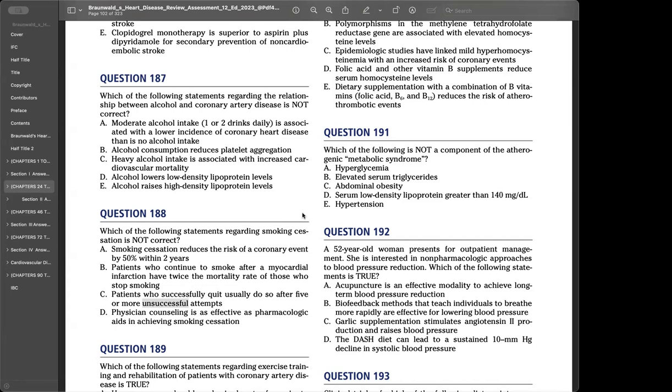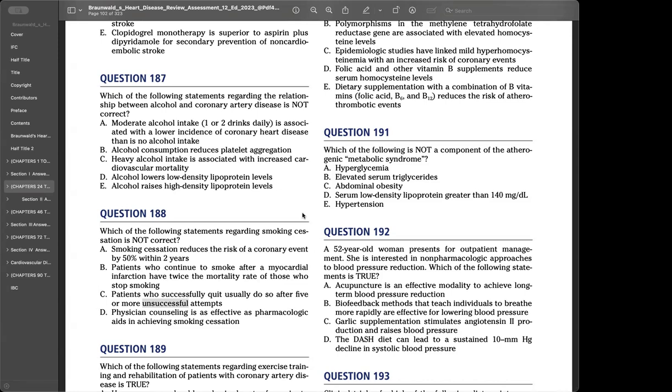Option C, heavy alcohol intake is associated with an increased cardiovascular mortality. This is true. Remember, I mentioned that the relationship is J-shaped, so it's not a linear relationship where the more the alcohol intake, the more the protection of the heart.